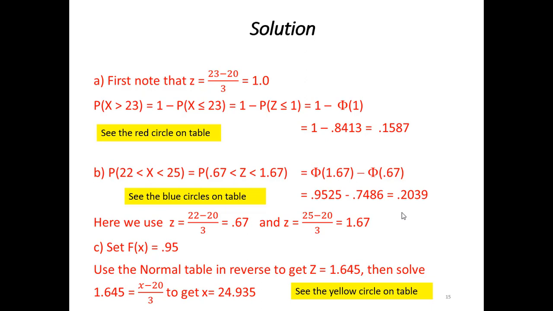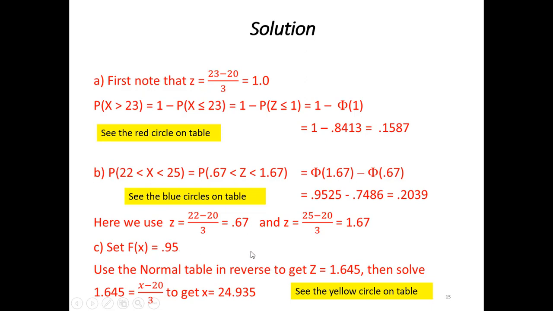So what I have to do here is think of this as a reverse or an inverse problem. Here we have the probability, and we need to work backwards. So I need to use the normal table to figure out what z value is going to give me 0.95.